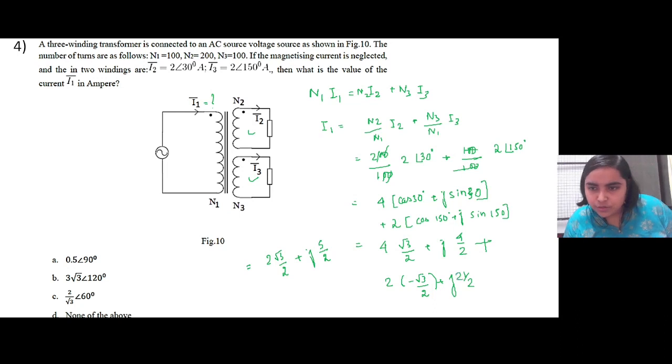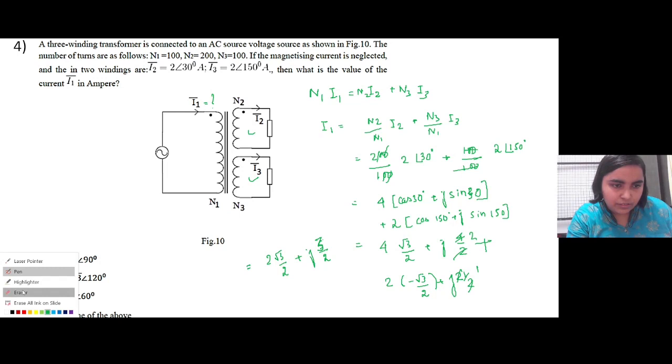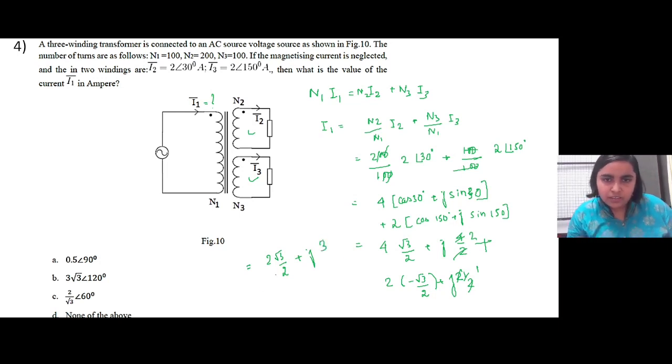This will be 2 times, so it is plus j, 4. So this will be 3. Sorry, 2. And this is 1. So sorry, it won't be 3 by 2, it will be 3.